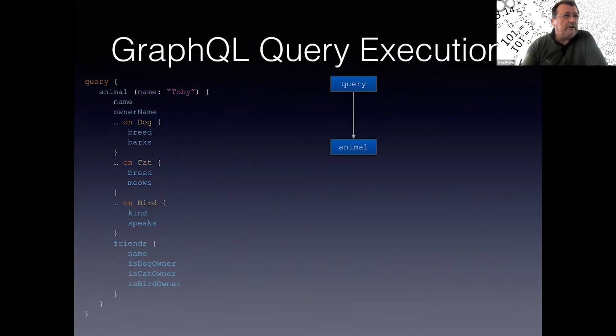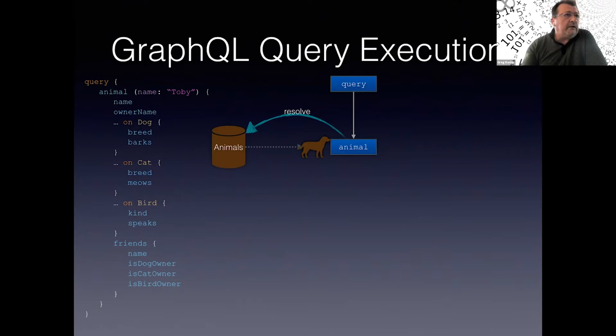Now we need to resolve that field. The GraphQL engine goes ahead and invokes the animal field resolver, and the animal field resolver queries the animal data source, and the animal data source finds the animal with the name Toby and sends the response back to the server. In our case, this is the dog.